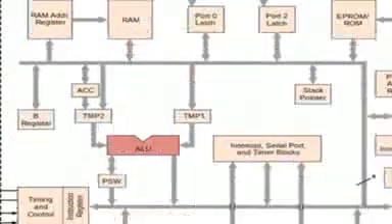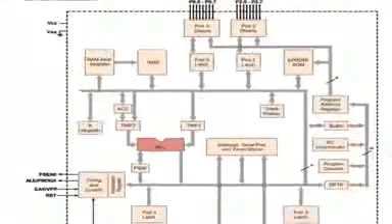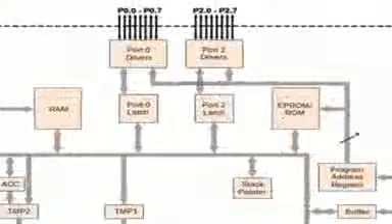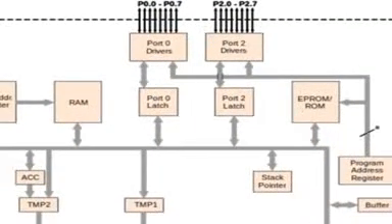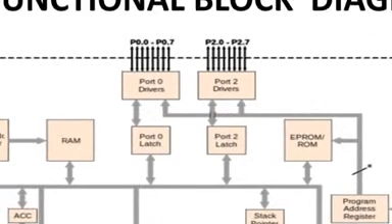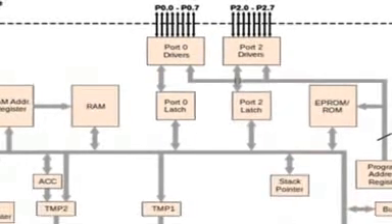These are the blocks here. In between RAM and ROM I have the port 0 and port 2 latches, and above the latches they are connected to the port 0 driver and port 2 driver, where I have all the 8 port IO lines. Port 0's 8 lines and port 2's 8 lines, so a total of 16 pins are over.